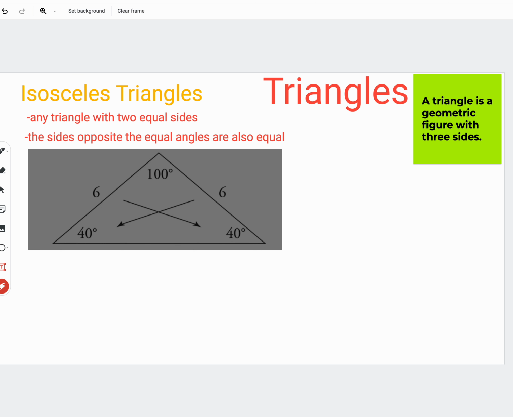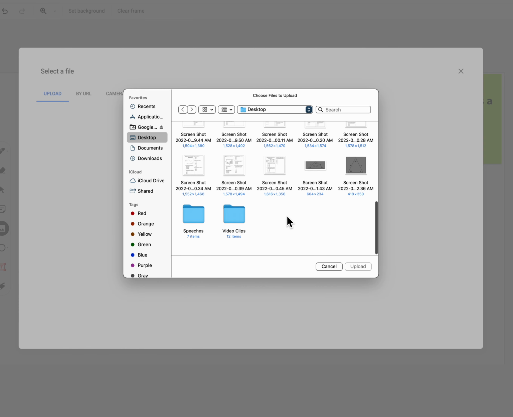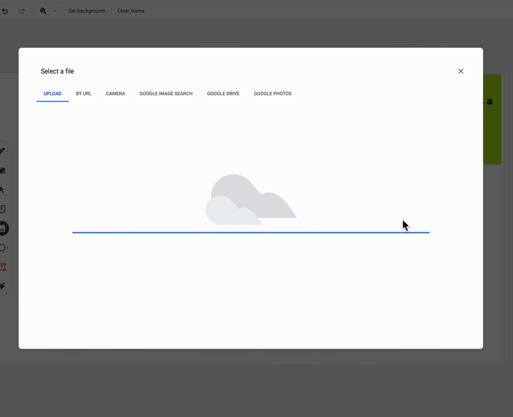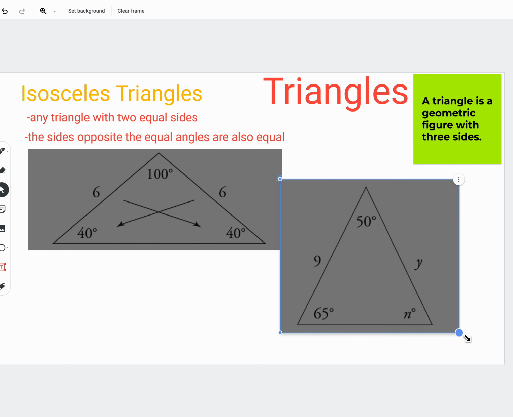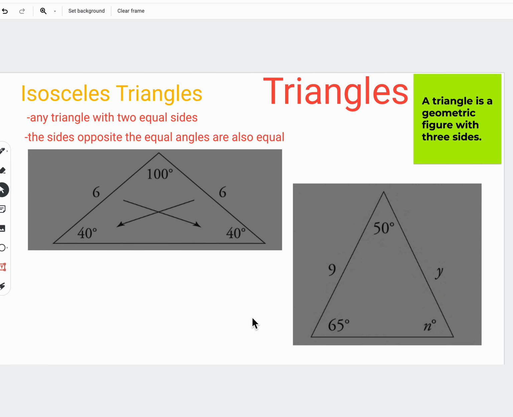Let's take a look at another. For example, if we already know that this triangle is isosceles, then we also know that y must equal one of the other sides and n must be equal to one of the other angles.